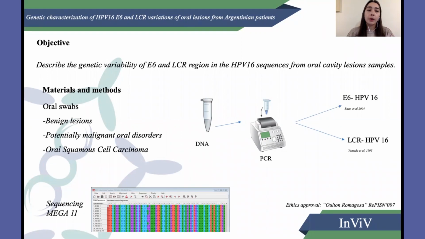These samples were involved in the previous project in which we studied 318 oral swabs. So we use only HPV16 genotypes for the present study. And we could obtain 23 oral sequences for E6 gene and 8 sequences for LCR gene.